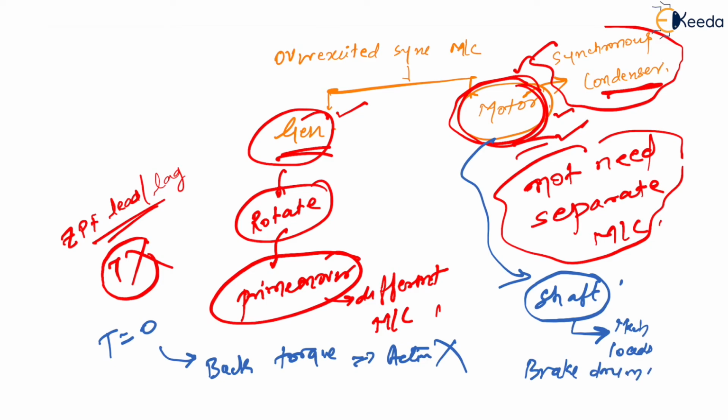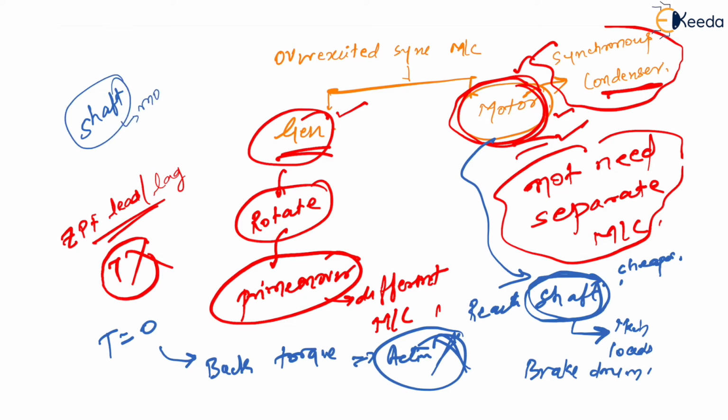Yes. But now, since you are only supplying reactive power, which means you are not supplying any active power, there is no need to have a great shaft, which means again it will become cheaper, because we have seen earlier that the shaft is the most expensive component in rotating machines, correct?